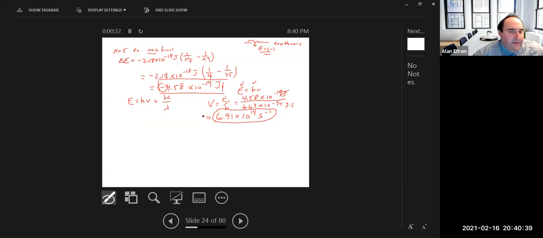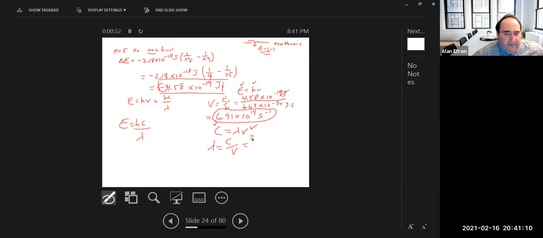Now that we have the frequency, we can do one of two things here. We can use E is equal to HC over the wavelength, or we could use C is equal to the wavelength times the frequency. Again, at this point, we have the frequency, and the speed of light is a constant. So if we did that approach, the wavelength would be C divided by the frequency.